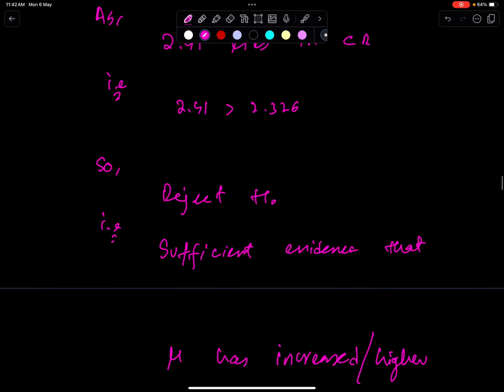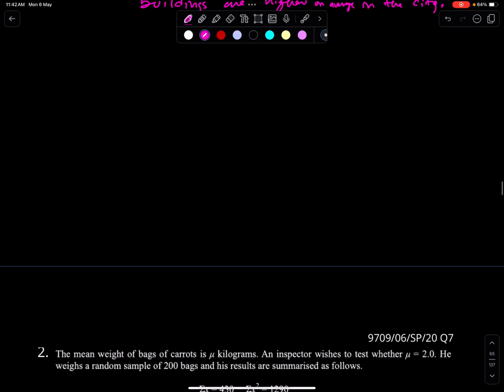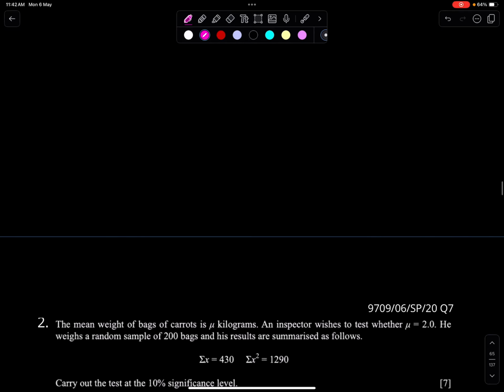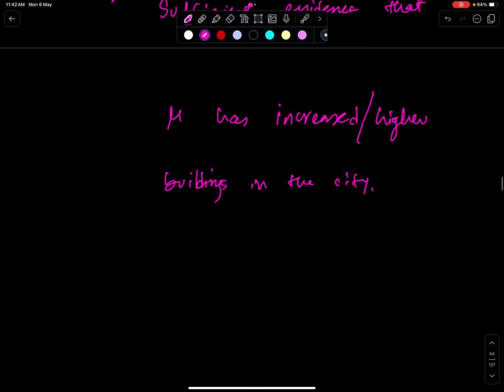So this is the way to write the conclusion. Here you need to write higher buildings on average. Must mention on average, because mean means average.